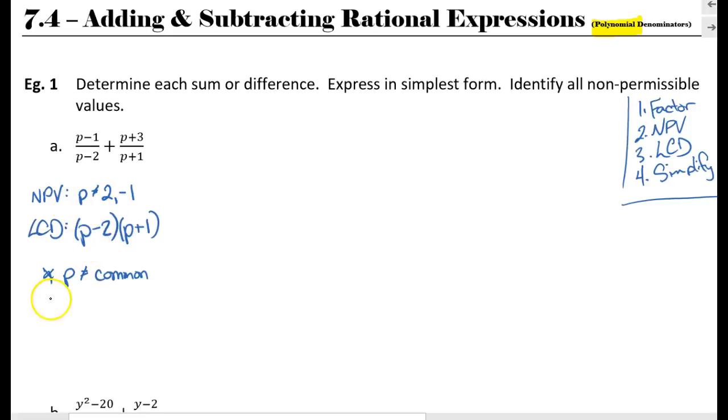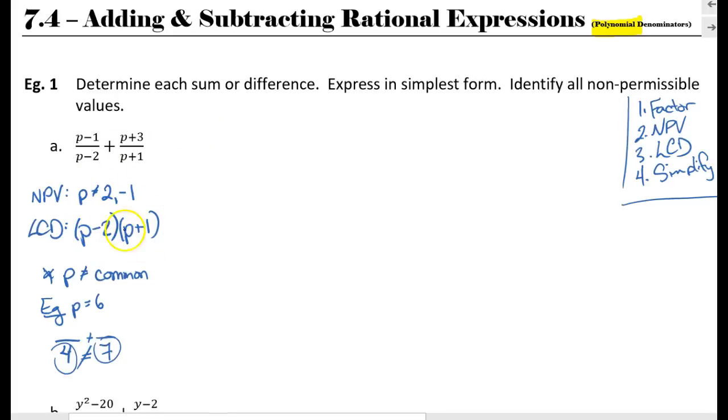If we had subbed in a value such as p equals 6, then we would end up with 2 denominators, one being 4 and the other being 7. These are not the same thing, so we cannot assume that just the p part is the same. We can't say that p is a common factor.